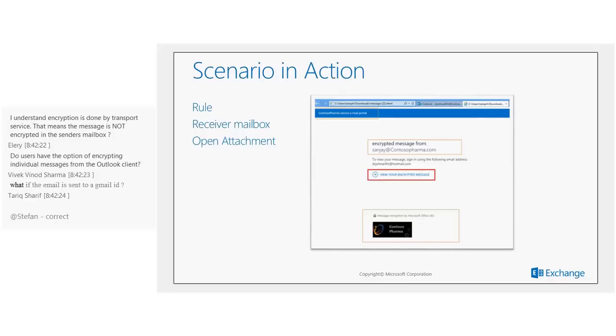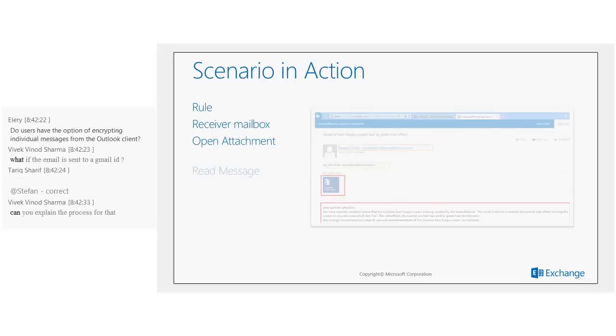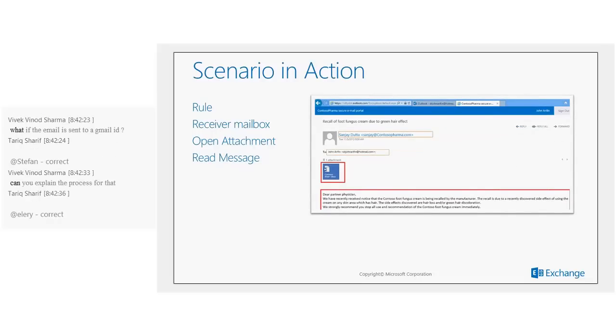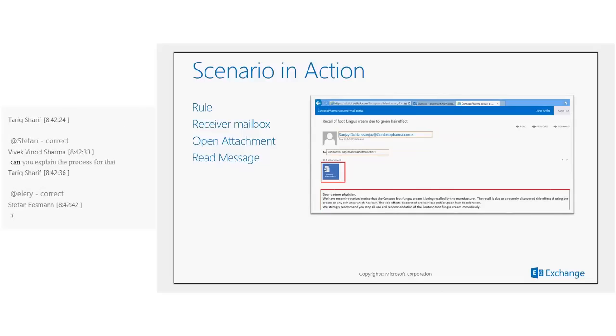Now, as a recipient, I can go ahead and click on view your encrypted message, and that would allow me to see the message in plain text. What is going to happen behind the scenes is I'll get authenticated against my Microsoft account. In this case, John already had a Microsoft account, so he got authenticated, and you are able to see the message.